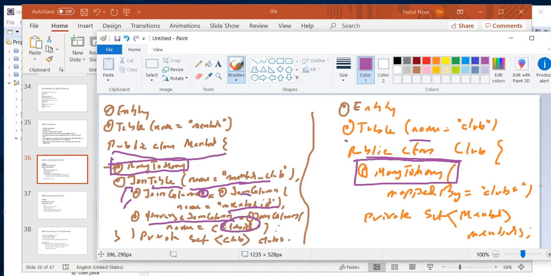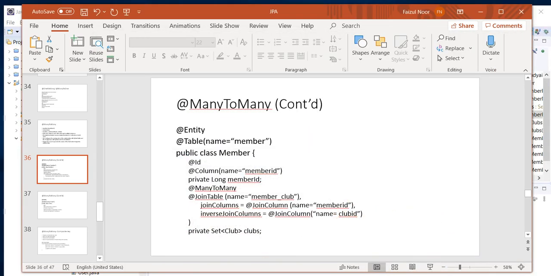Then I am using a Set. This is a collection, and this is a requirement. And over here I have defined ManyToMany and mappedBy clubs, which is the clubs field that I have defined over here, and then Set members. So this is how we are going to tell the many-to-many relationship.